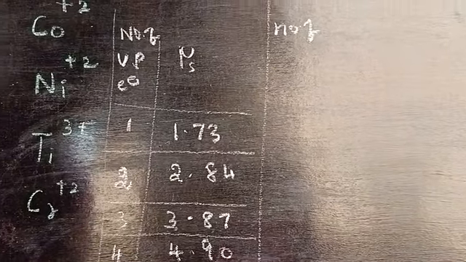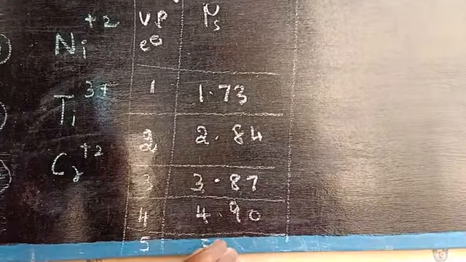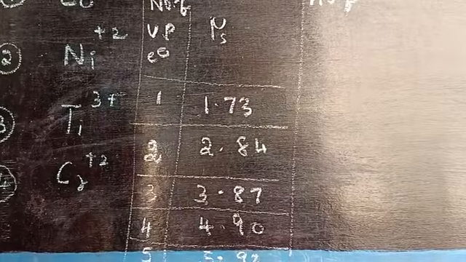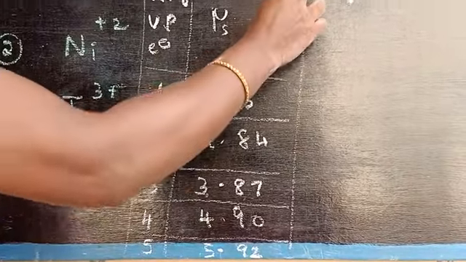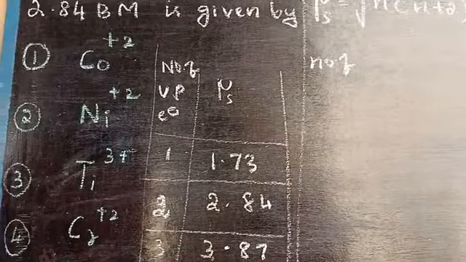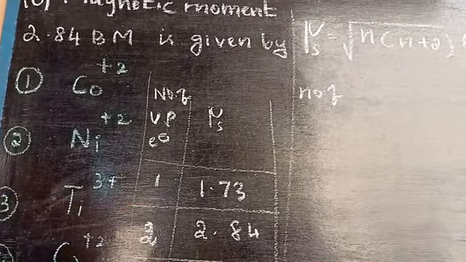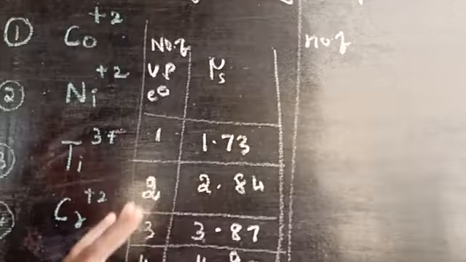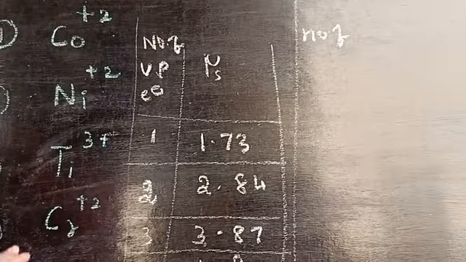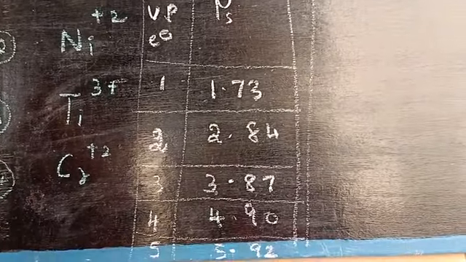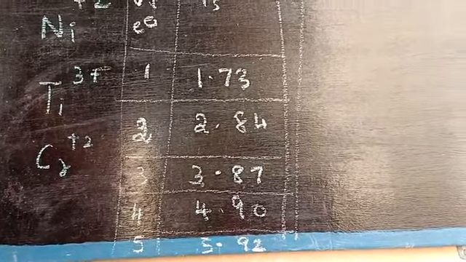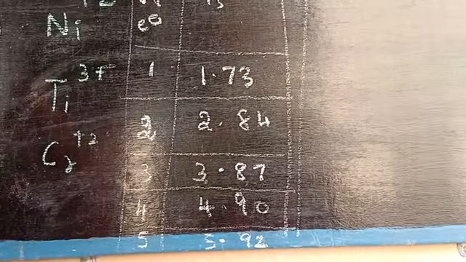For 5, 5.92. Children, this is the trick, so keep it in your mind. For 1 unpaired electron, 1.73; for 2, 2.84. For this type of question, just find out the number of unpaired electrons, and you can answer very quickly.